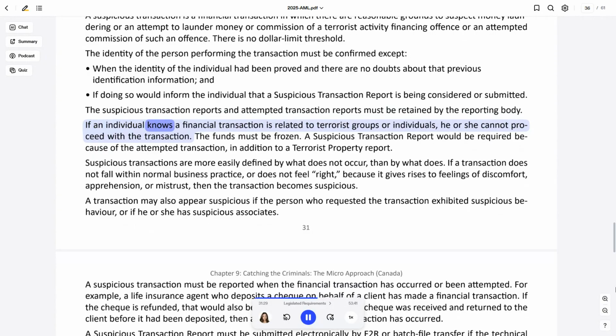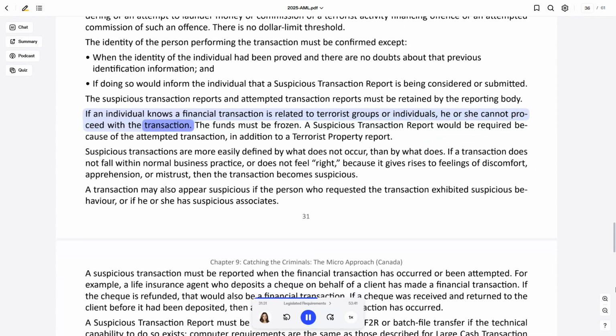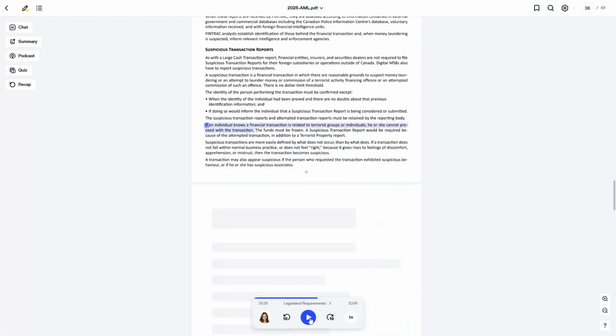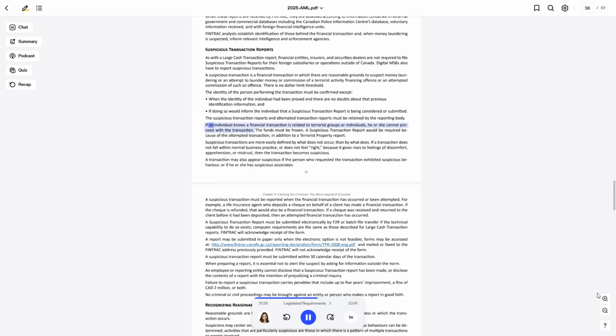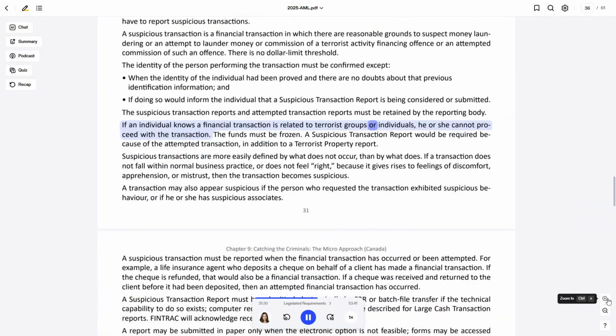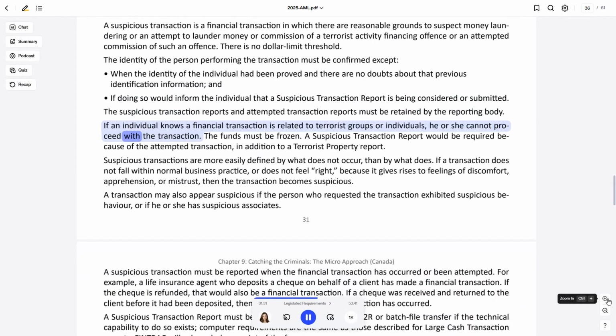If an individual knows a financial transaction is related to terrorist groups or individuals, he or she cannot proceed with the transaction.